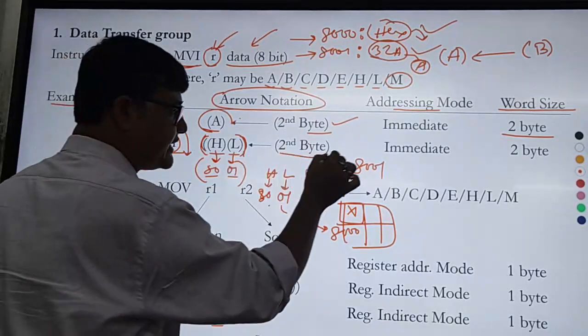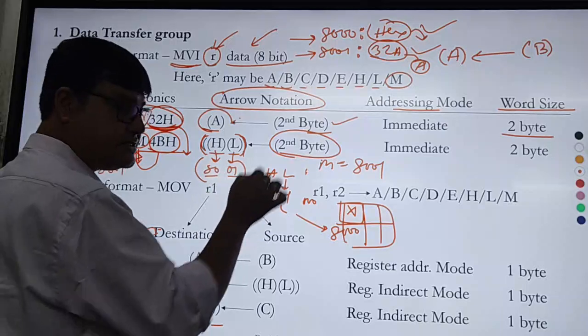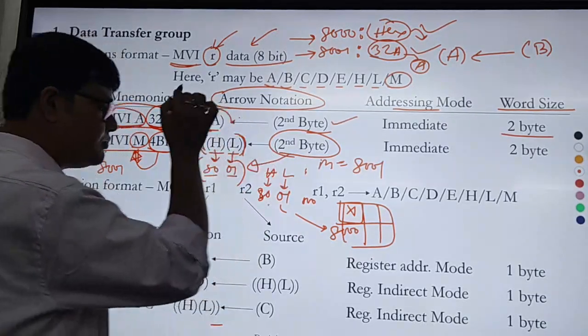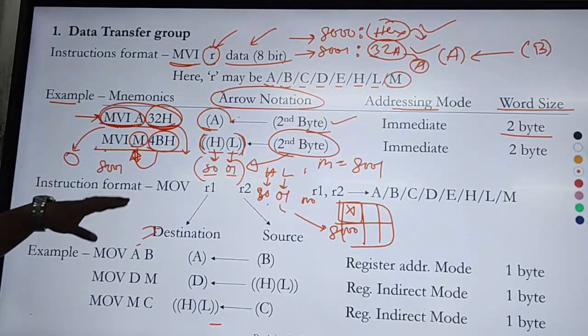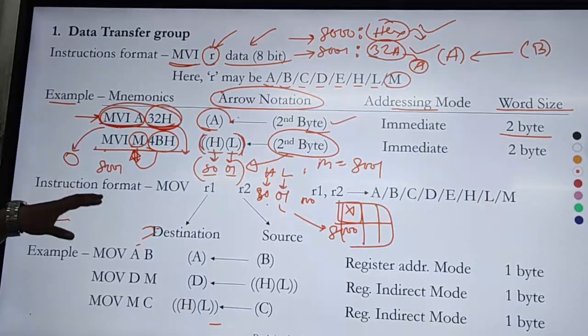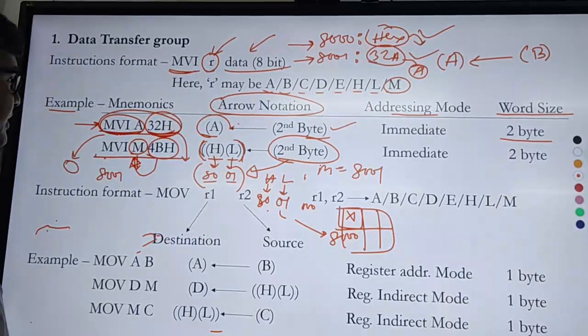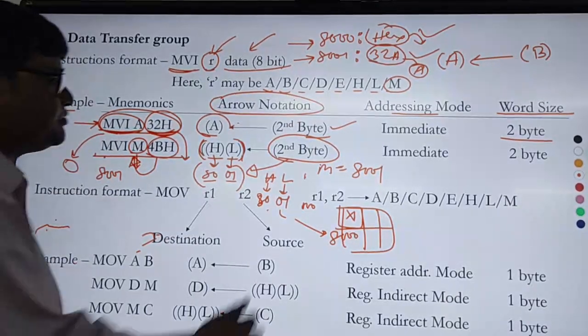So whenever we write the second byte over here, it means the second byte data will be stored into the 8001 memory location. Okay. So that is the procedure of how we can explain the function of each instruction by the annotations. Fine. So it is the immediate addressing mode actually.